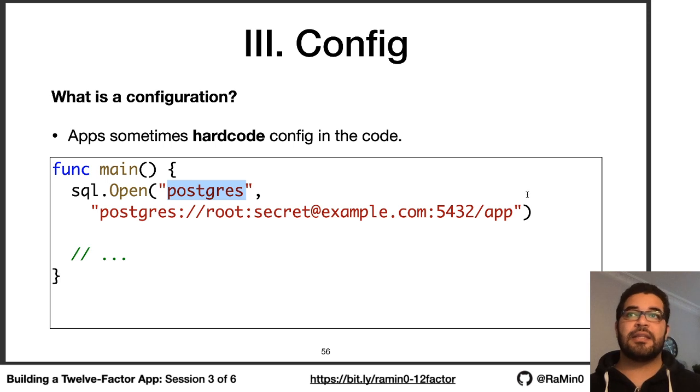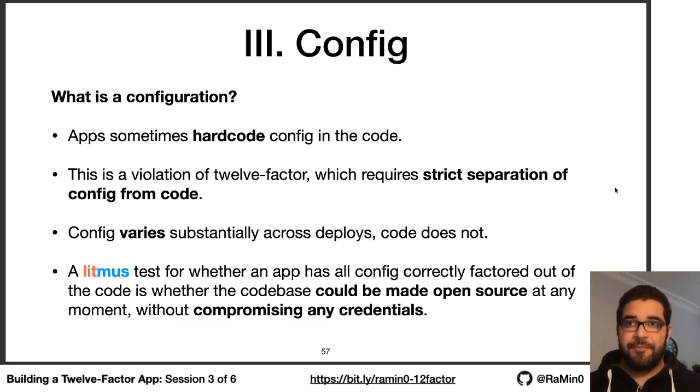And this is totally against what the 12-factor methodology advises. So it's a violation of the 12-factor, which requires strict separation of config from code. So the 12-factor app, this config factor, is mainly about separating our code base, the code where our app's logic happens, from any configuration that this code needs.